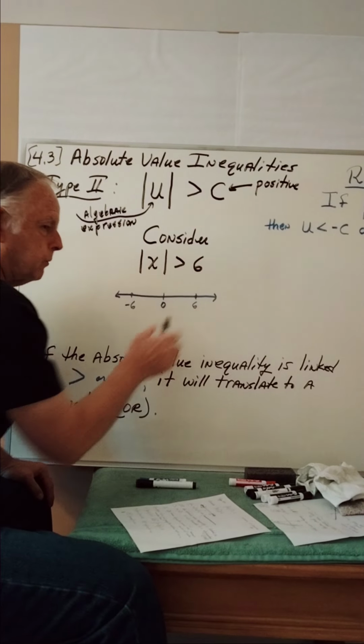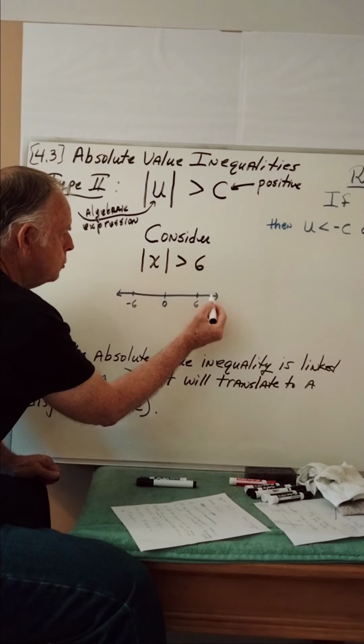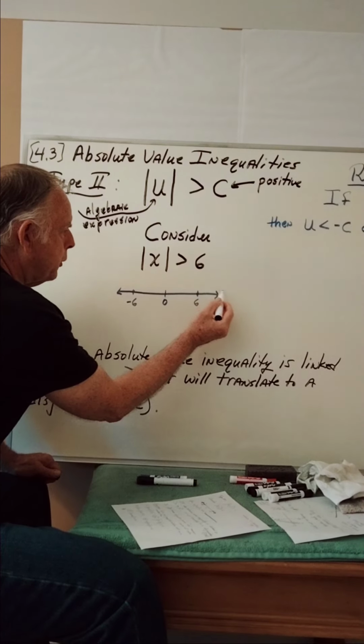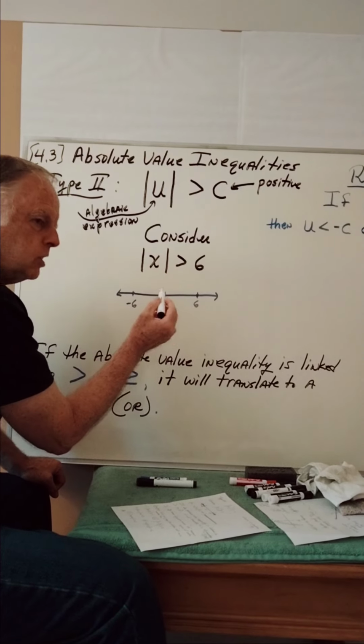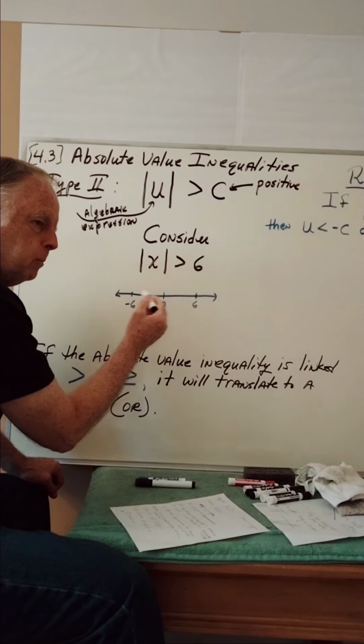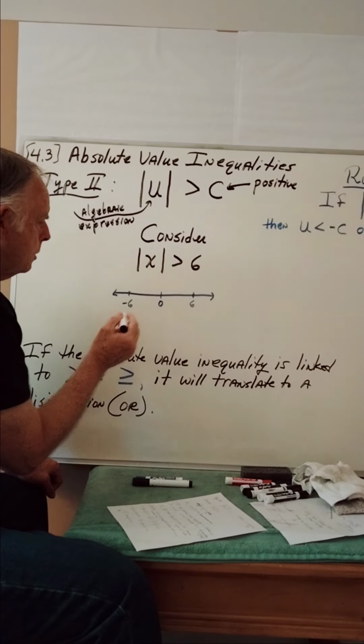On the positive side, all values that would be greater than positive 6 would cover a distance away from 0 more or greater than 6 units.